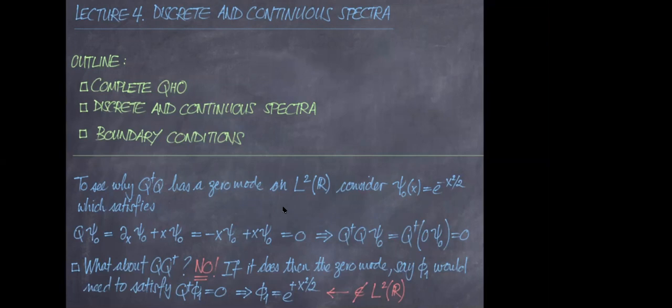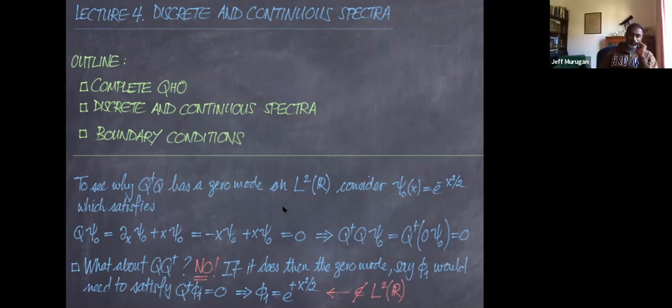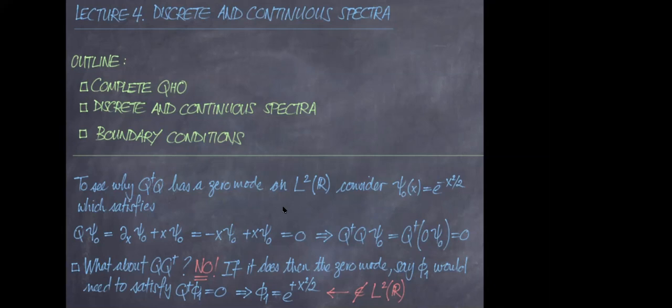They are, in fact, the adjoint of each other. So in this case, no. In this case, if Q Q dagger phi equals 0, then Q dagger phi must equal 0. And the way to prove this is to actually think about it in terms of the inner product. So I'm going to leave that as an exercise for you to convince yourself, okay? Thank you. It's a good question though.